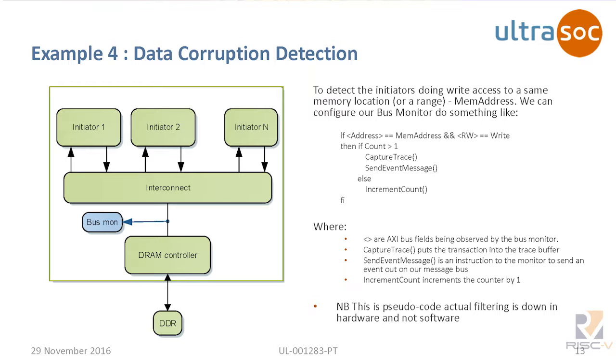And if it isn't initiator 1, then we take a snapshot of that transaction. Everything's timestamped so we know when it happened and who did it. We can use that event message to either halt the whole system, stop the processor, or inform a debugger this has happened. The pseudocode is just that. All this is done in hardware. We don't have any CPUs running in the bus monitors.